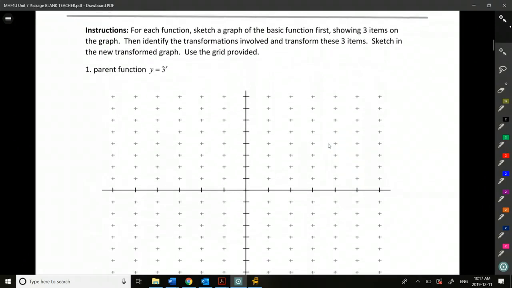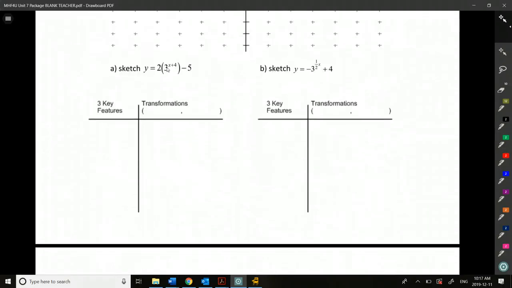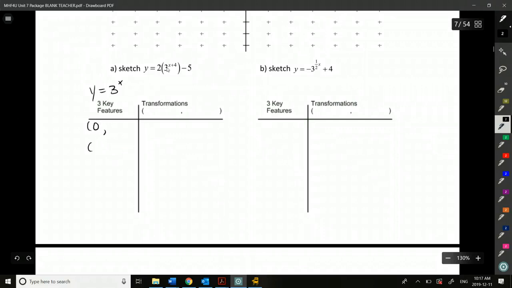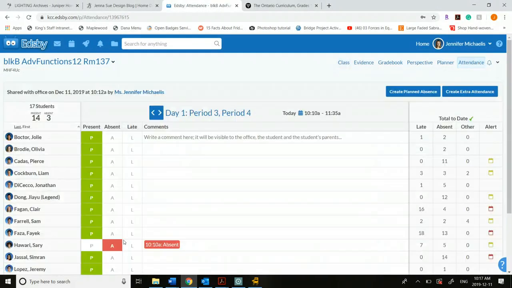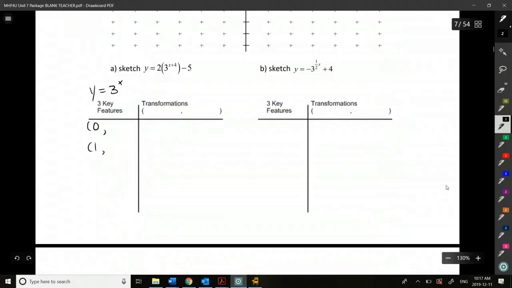So the first parent function that we're going to take a look at is y equals 3 to the exponent x. We talked about three key pieces of information when we graphed exponential functions, and those three key features for our y equals 3 to the x function would be the 0 point, the 1 point, and does anyone remember what the third piece of information is?